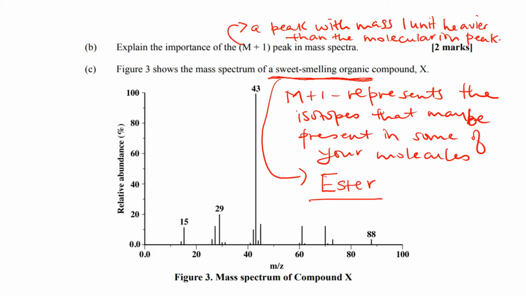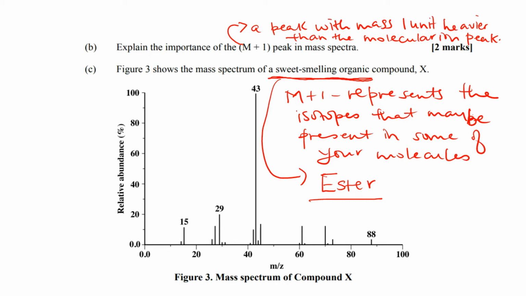So, as I said before, the molecular ion peak represents the relative molecular mass of the molecule. And the molecular ion peak is usually found among the peaks of the greatest mass in the spectrum, but not necessarily the peak with the highest mass, since you may have isotopes present in your sample.